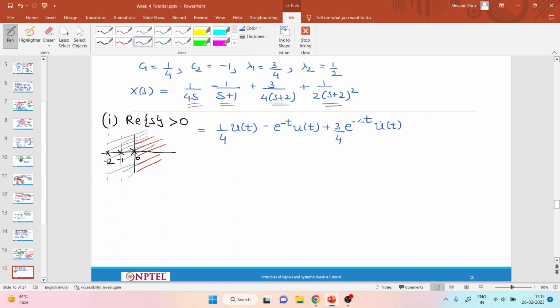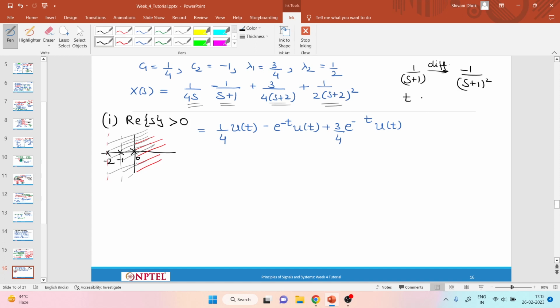u of t. Now let us consider this factor here, 1 upon (s plus 2) square. If I differentiate this 1 upon s plus 1 once, I'll get minus 1 upon (s plus 1) square.